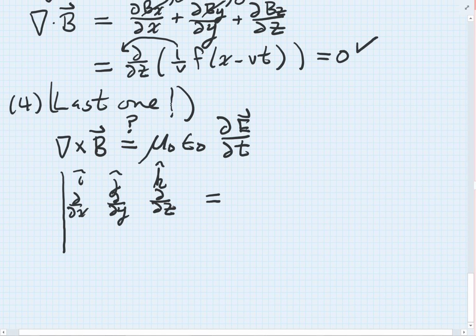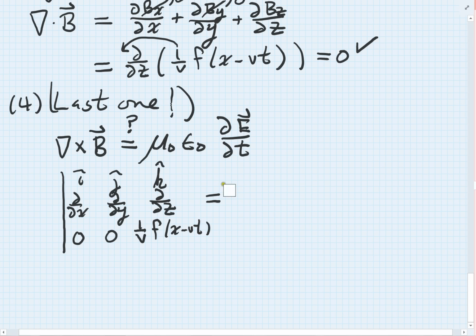And remember now that the magnetic field is along the k hat direction. So when I put in the magnetic field on the final row, there is no i hat component. There is no j hat component. And the k hat component, remember, is 1 over the velocity of the pulse v times f of x minus vt.